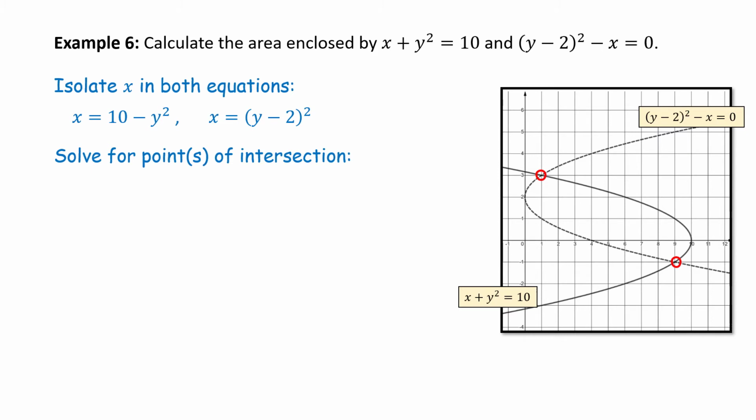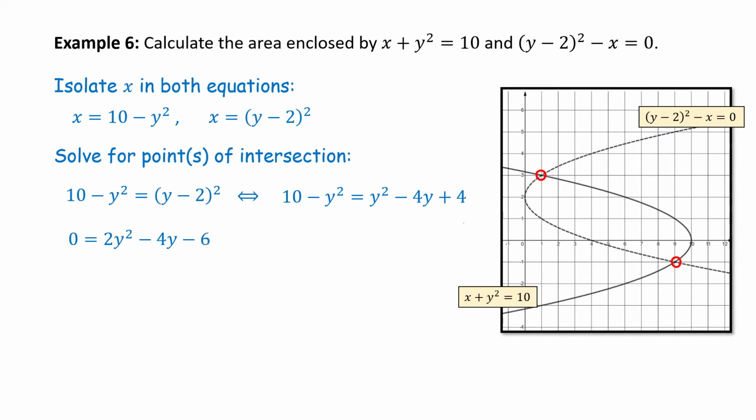Setting the x's equal to each other, we'll get 10 minus y squared equals the quantity y minus 2 squared. Now we need to square the y minus 2. This equation becomes 10 minus y squared equals y squared minus 4y plus 4. We'll set that equation to 0.